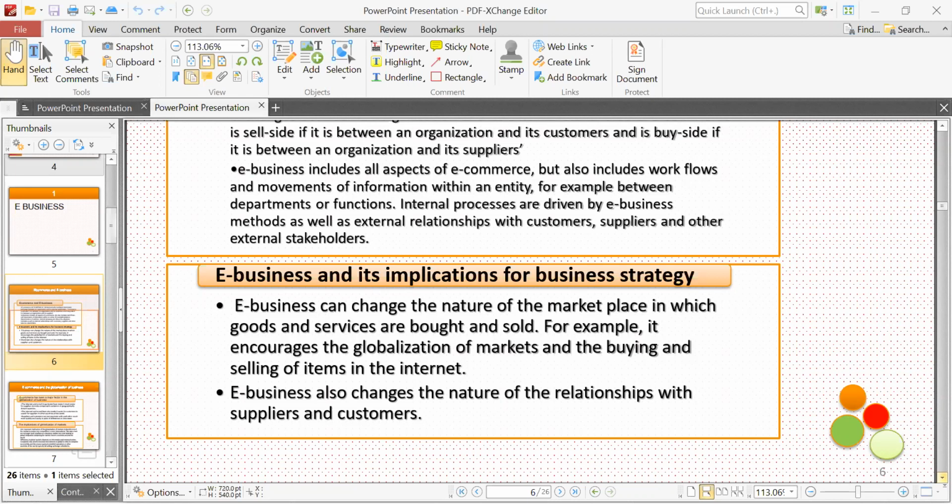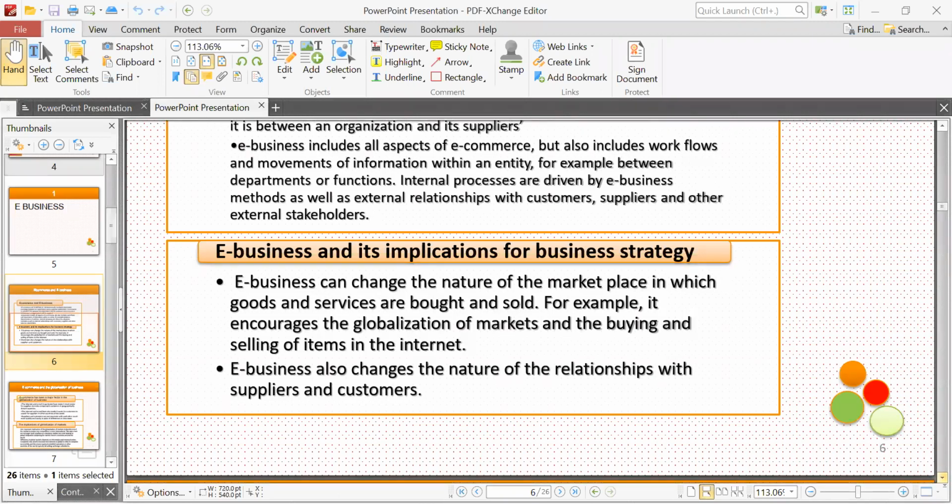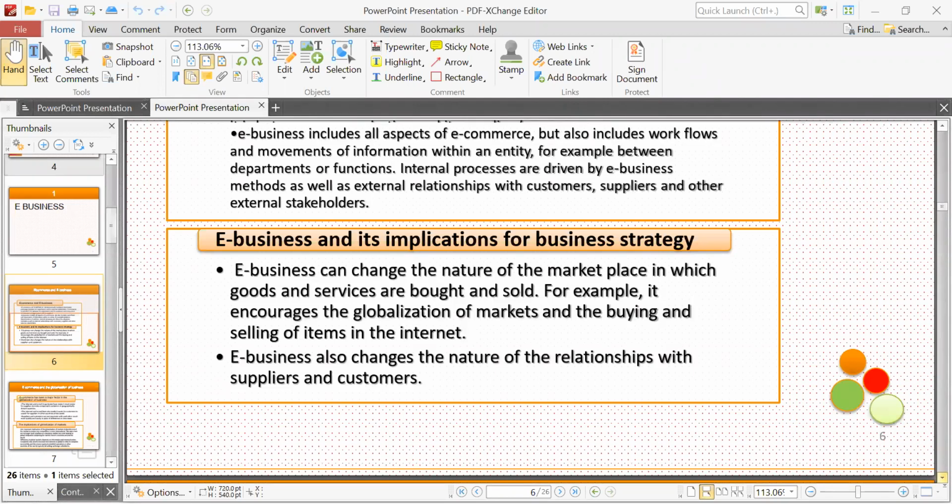So you go online, go to a Chinese website and order stuff, or contact a supplier there. Those are the benefits that e-business has brought. So just keep in mind how it affects strategy.